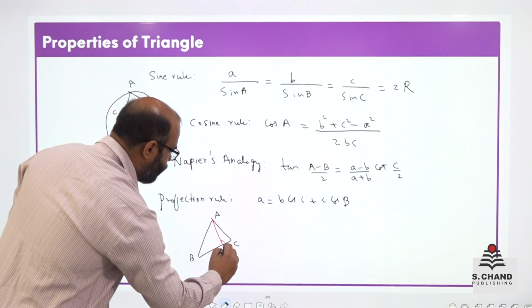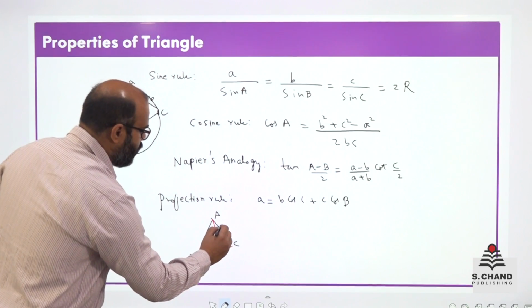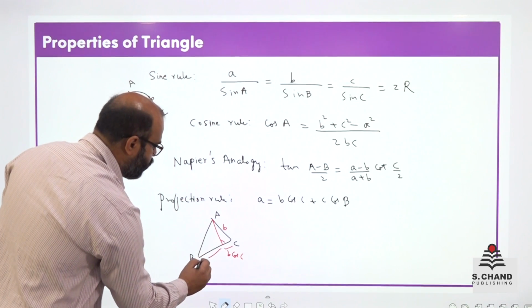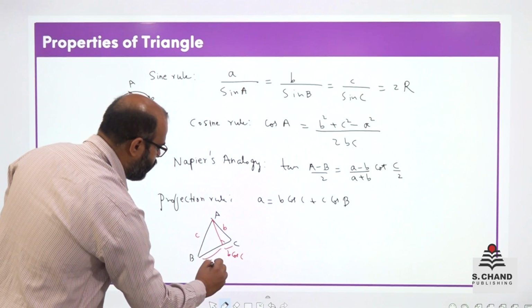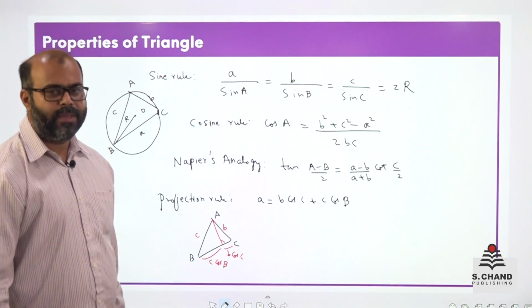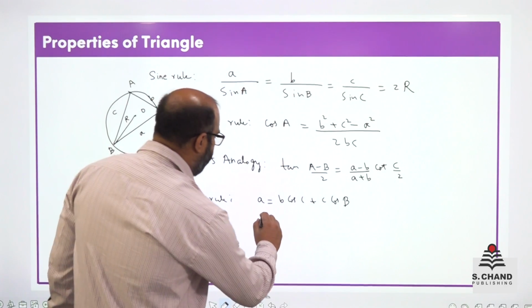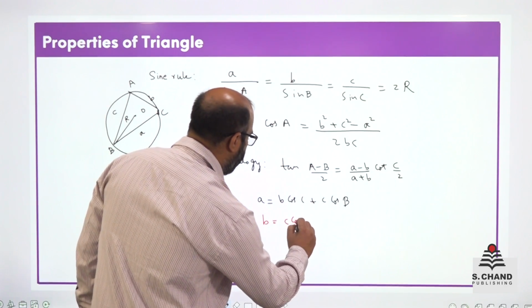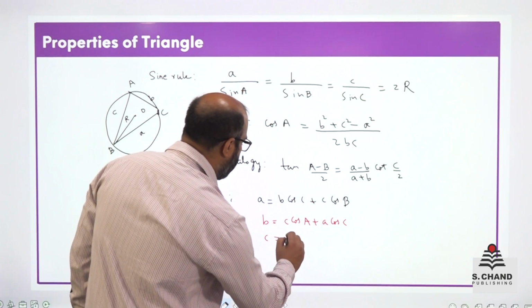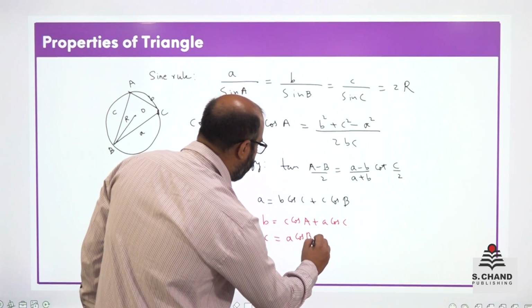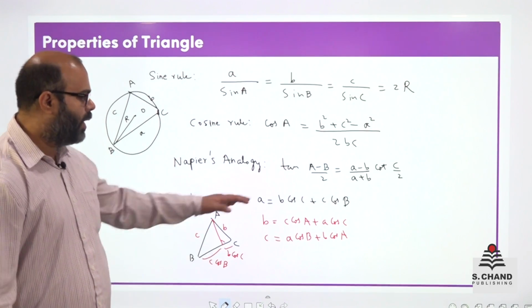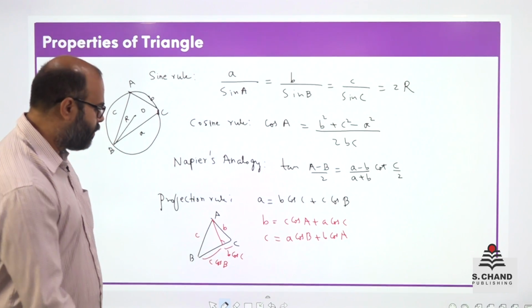So this portion is actually, this is b side, so this is b cos C. And if we talk about this portion, this is c side, so this is c cos B. So if you add b cos C and c cos B, you will get the whole length BC, which is a. Similarly, you can write for b, that is c cos A plus a cos C. Similarly, you can write for c, a cos B plus b cos A. So here again there are 3 formulas, and if you remember any one, similarly the other 2 can be remembered.